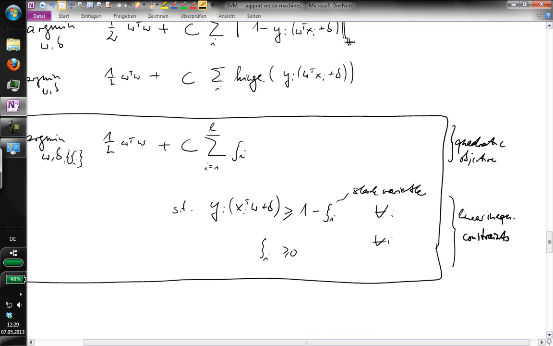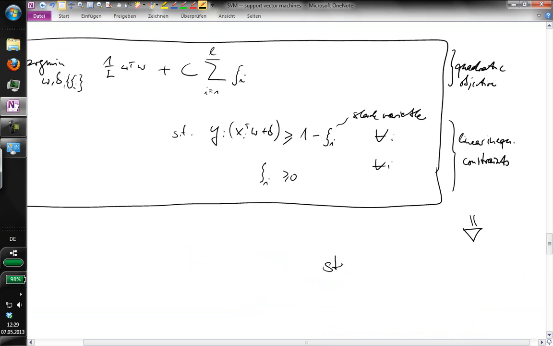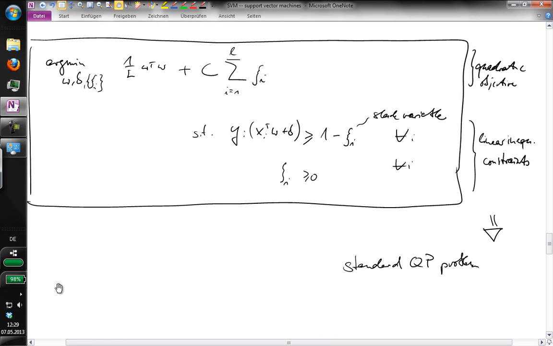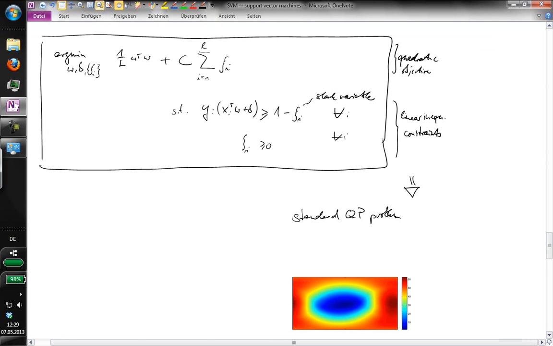And if you minimize a quadratic objective with linear inequality constraints, this is a standard so-called quadratic programming problem. A standard QP problem. And that is a very well studied class of optimization problems. And in particular, it's a class which gives you solutions in polynomial time. And of course, the problem is still convex.